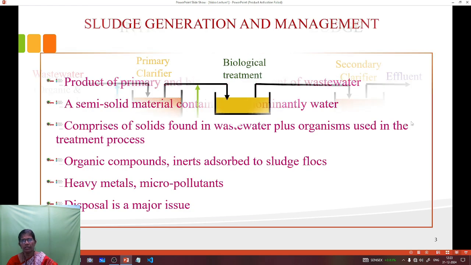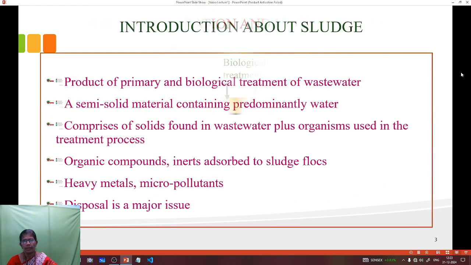The introduction about sludge. What is sludge? It is the product of the treatment of wastewater, both primary treatment as well as biological treatment. It is semi-solid in nature and predominantly contains water, and also some microorganisms, solids, and organic compounds.